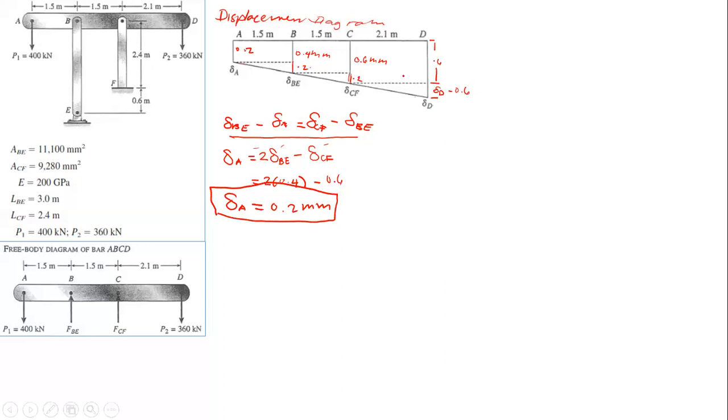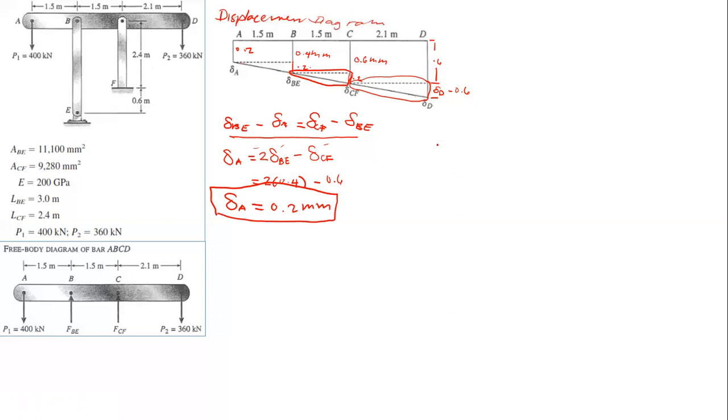Okay? So applying similar triangles, this triangle is similar to that triangle. By applying the similar triangle theorem, we can compute: this segment divided by that is equal to this segment divided by that.